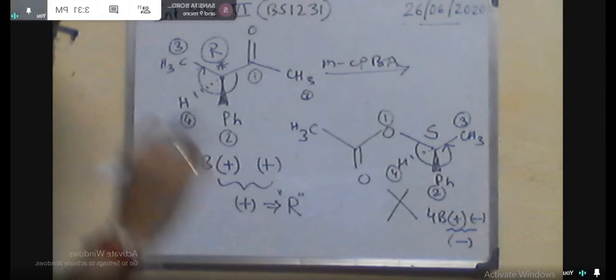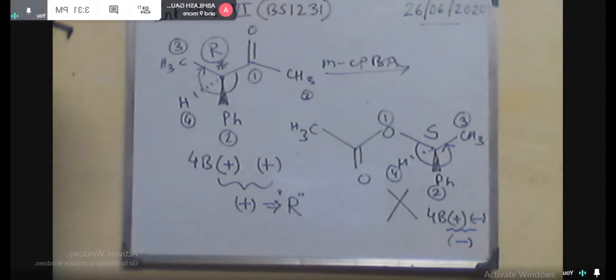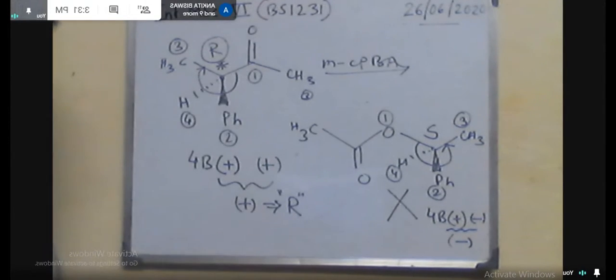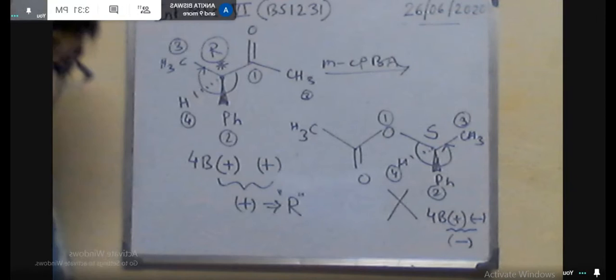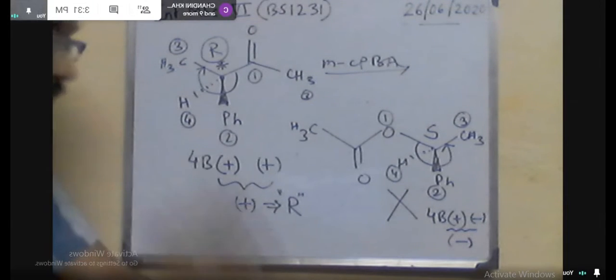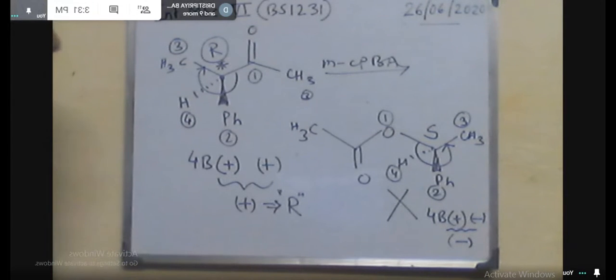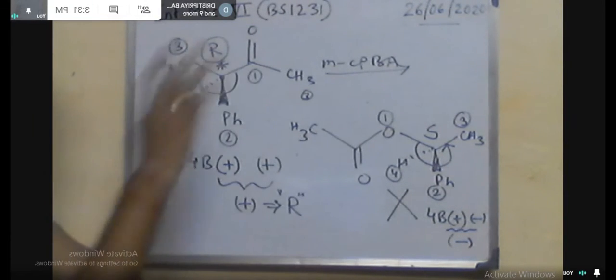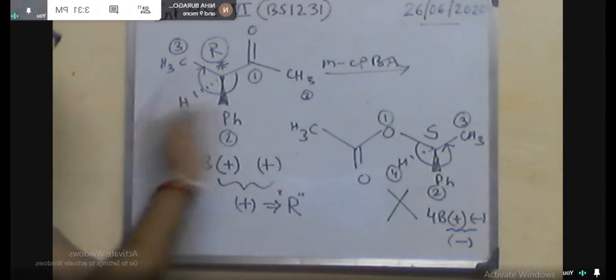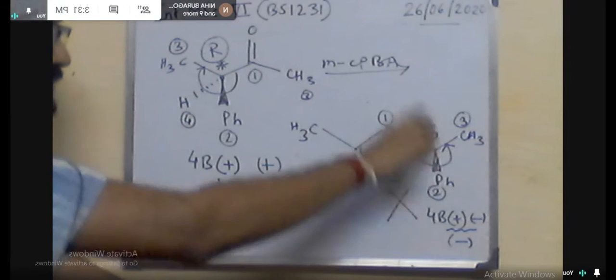But you have to check the final configuration as well as the initial configuration. Okay. So this is an important scenario in Baeyer-Villiger oxidation, that during the migration the chirality will remain fixed.